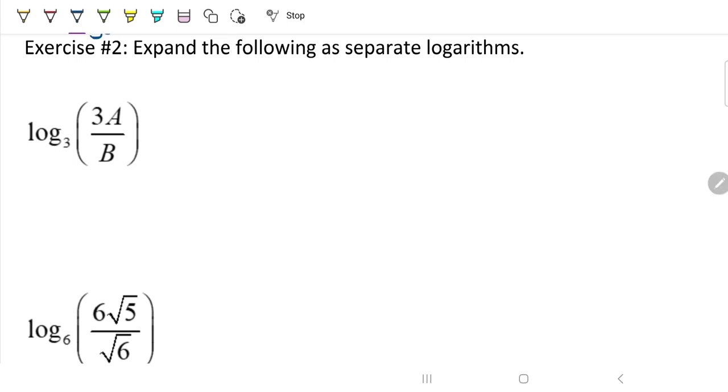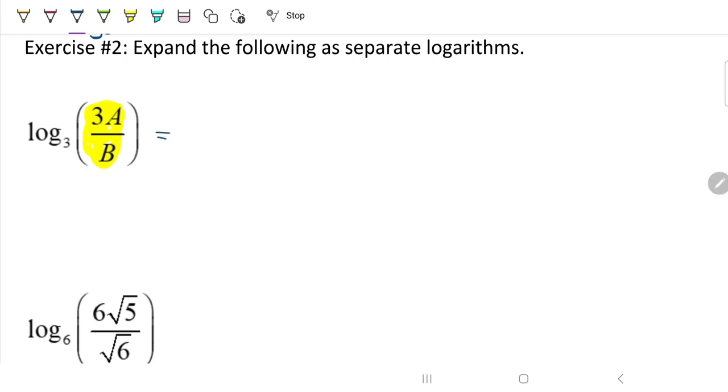Log base 3 of 3a over b. So, take note that your argument is this whole expression right here, 3a all over b. Okay? So, as you notice, meron tayong division symbol. Therefore, we can deduce that gumamit tayo dito ng quotient rule.